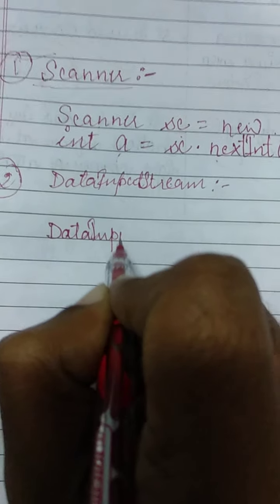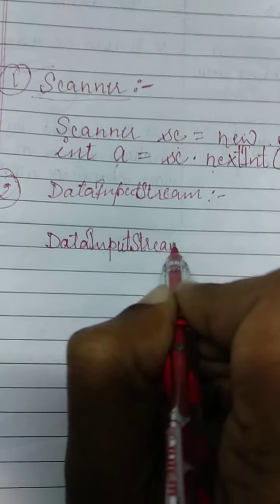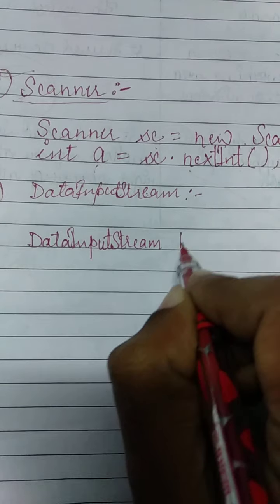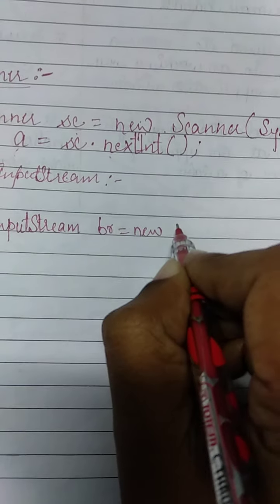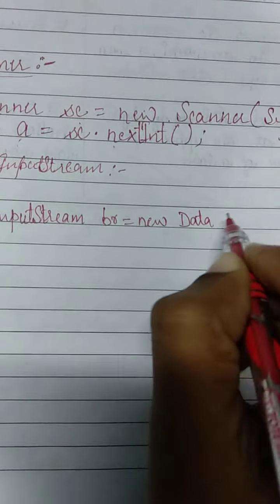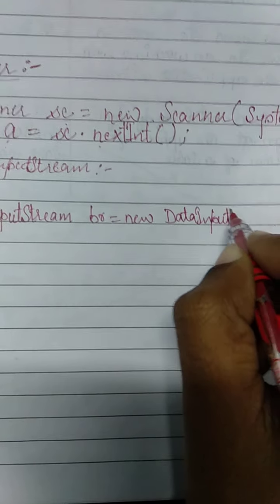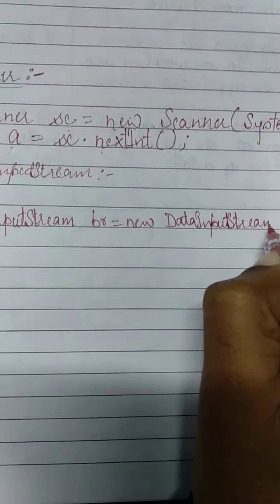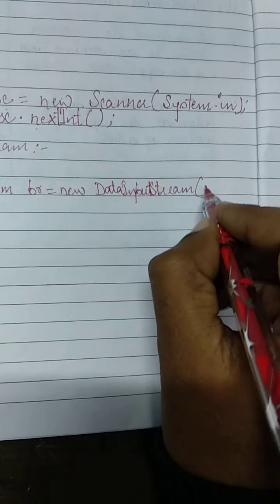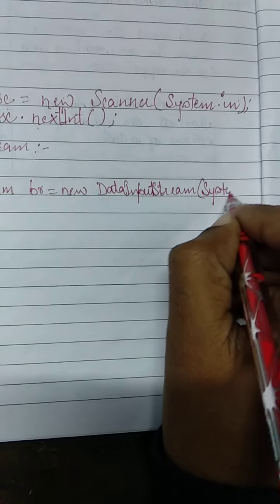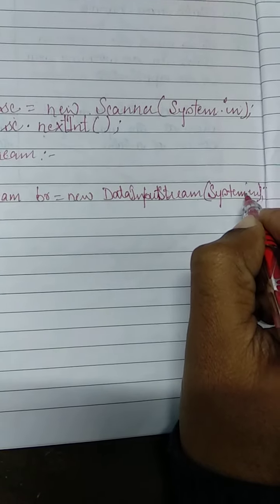Be careful, there is no space between these three words, DataInputStream. The object I am going to write as br equals new DataInputStream, with no space, and then System dot in.